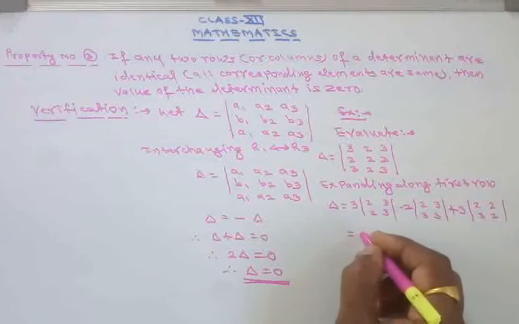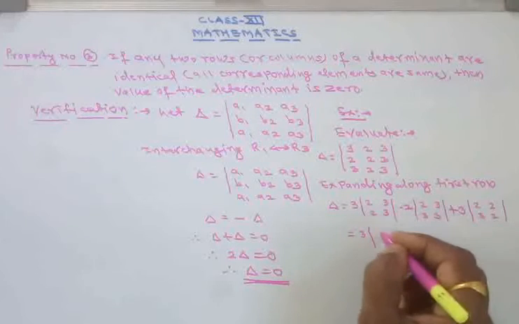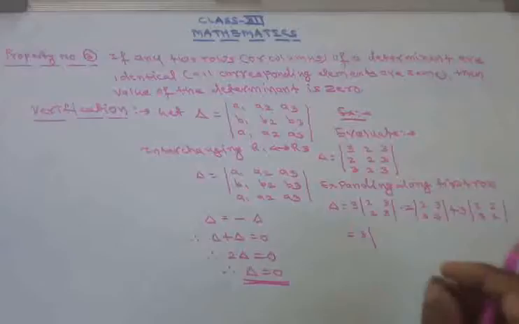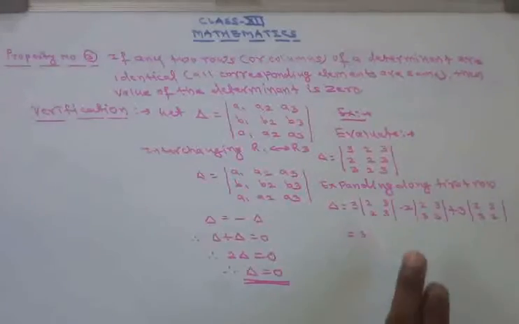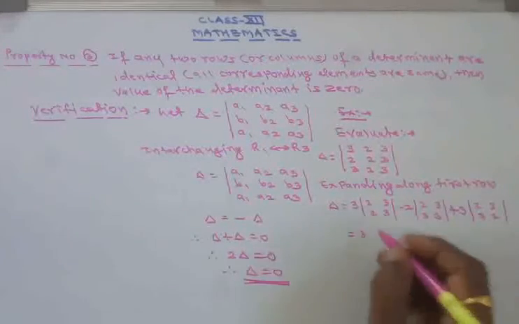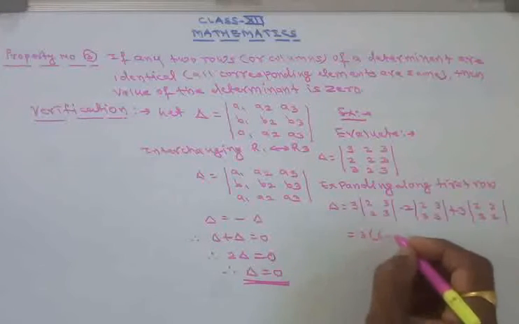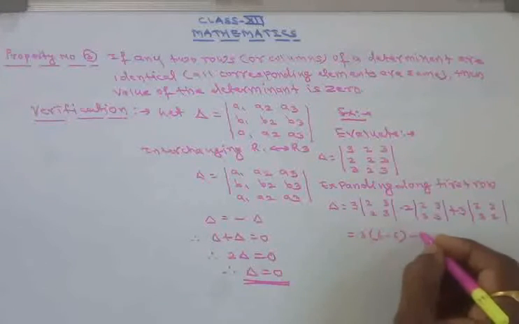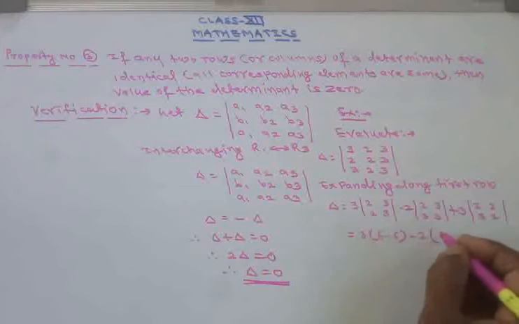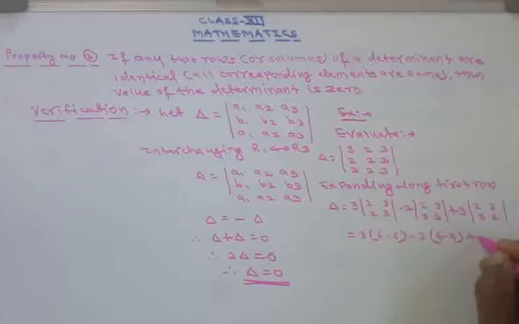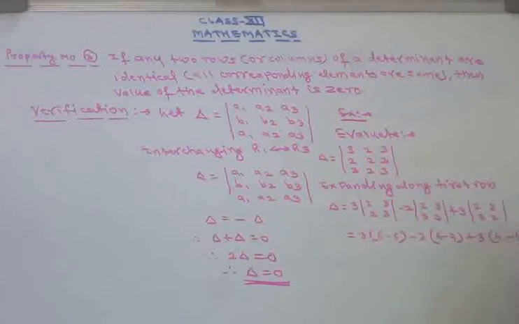That equals 3 into 6 minus 2 into (6 minus 9) plus 3 into (4 minus 6).